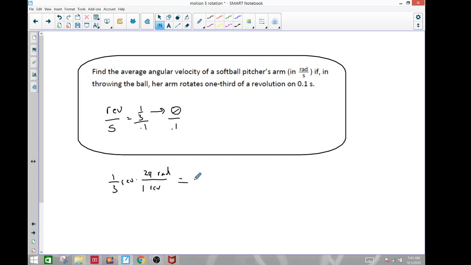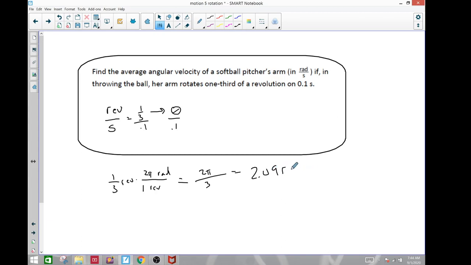I'm going to grab my calculator and just do this. I'm going to take 2 pi divided by 3, so 2/3 pi. So I'll do 2 times pi divided by 3, and I'm going to get 2.09, and that's radians.